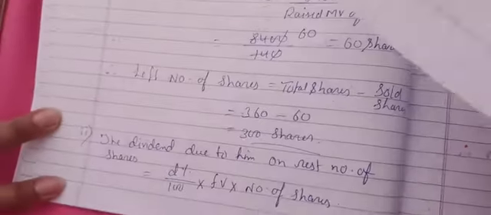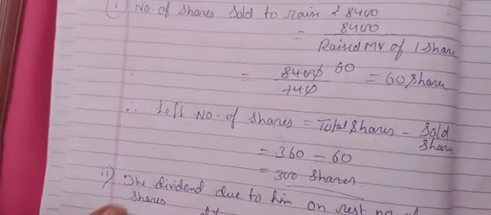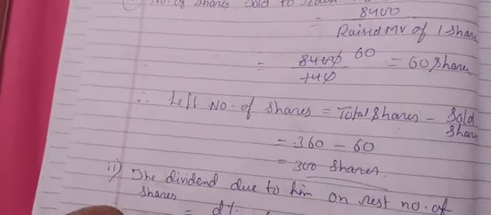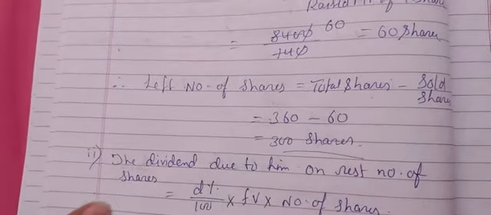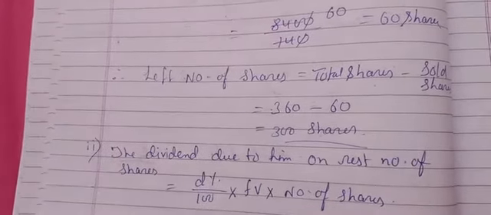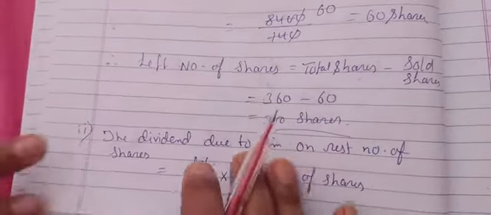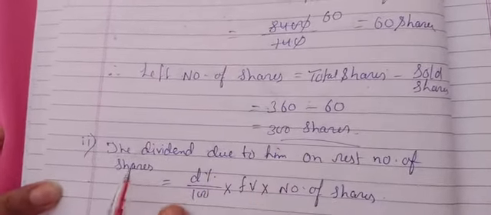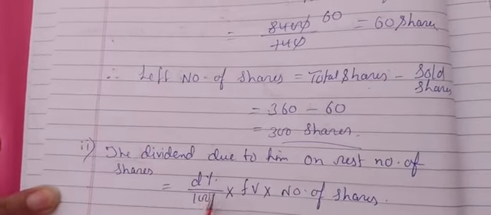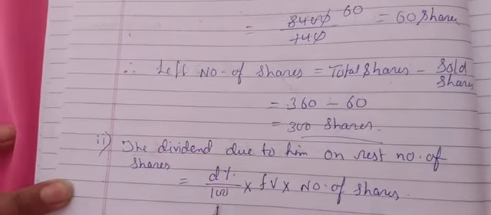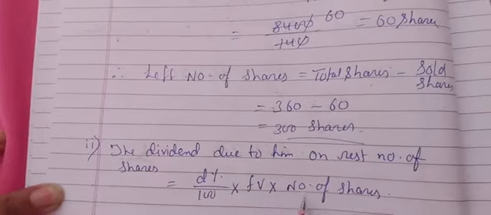Now our second question asks for the dividend due to him on the remaining shares. We already have the idea that there were 300 shares. So what was the dividend? We know the formula of dividend is dividend percent upon 100 into face value into number of shares.